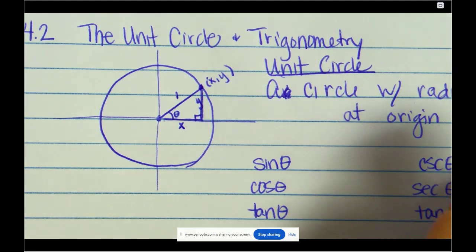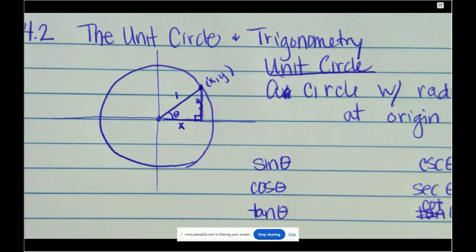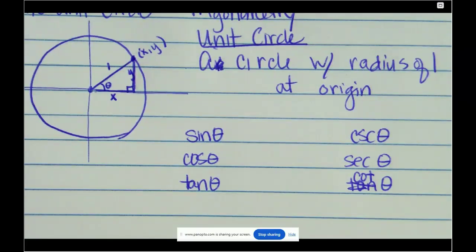They will all be in terms of x's, y's, and 1's. If you can't remember what they are, it's on the other side of that sheet.